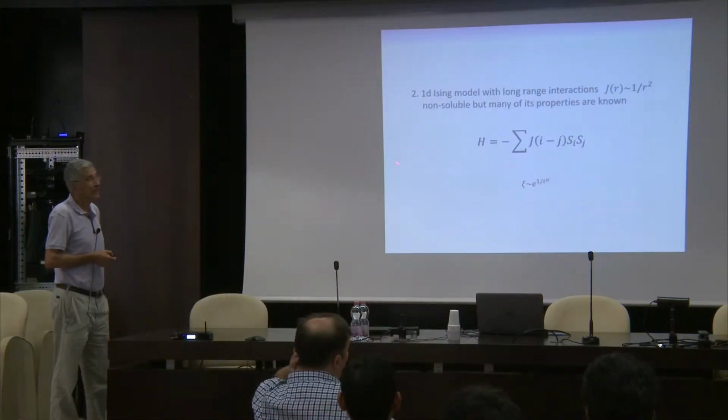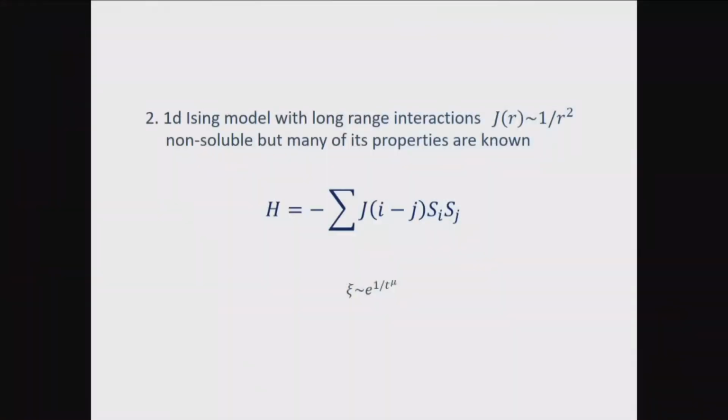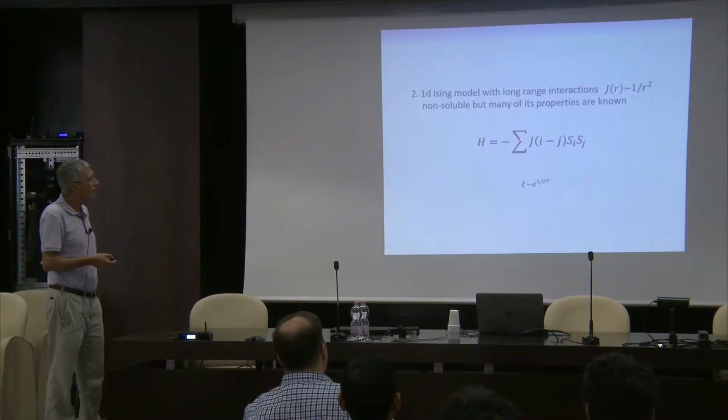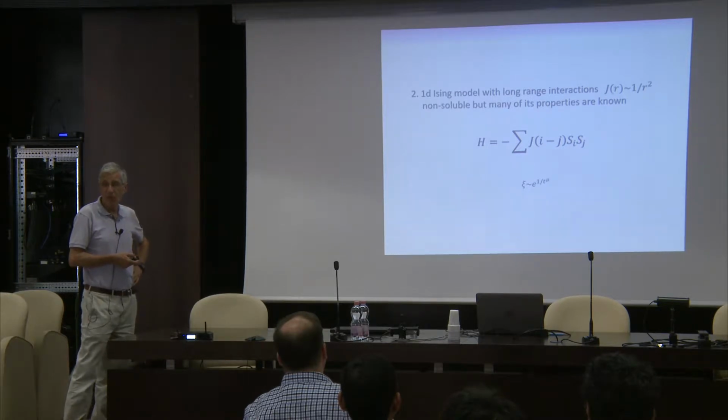And then there are many other systems. Another very simple system is the Ising model with long-range interaction. If you take the Ising model in one dimension with interaction that decays like 1 over r squared at large distances, then that's the Hamiltonian. It turns out that this model shows a transition into a ferromagnetic phase at some finite temperature, and it's of mixed order nature.